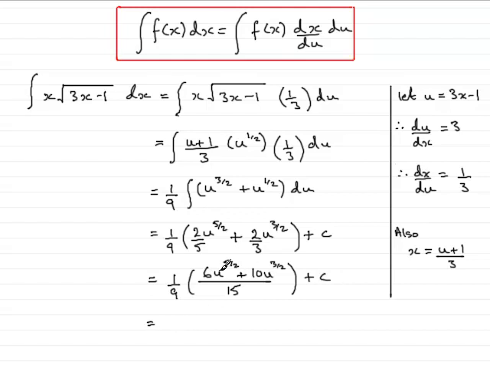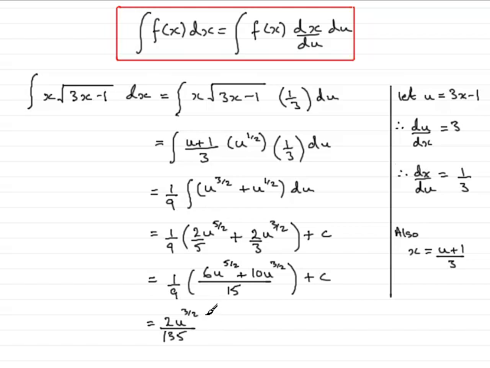Next, what I can see on the top here is that I could pull out a common factor of 2u to the power 3 upon 2. So if I pull that out, we've got 2u to the power 3 upon 2. And in the denominator here, I could do the 9 times the 15, which would be 135, so that's over 135.